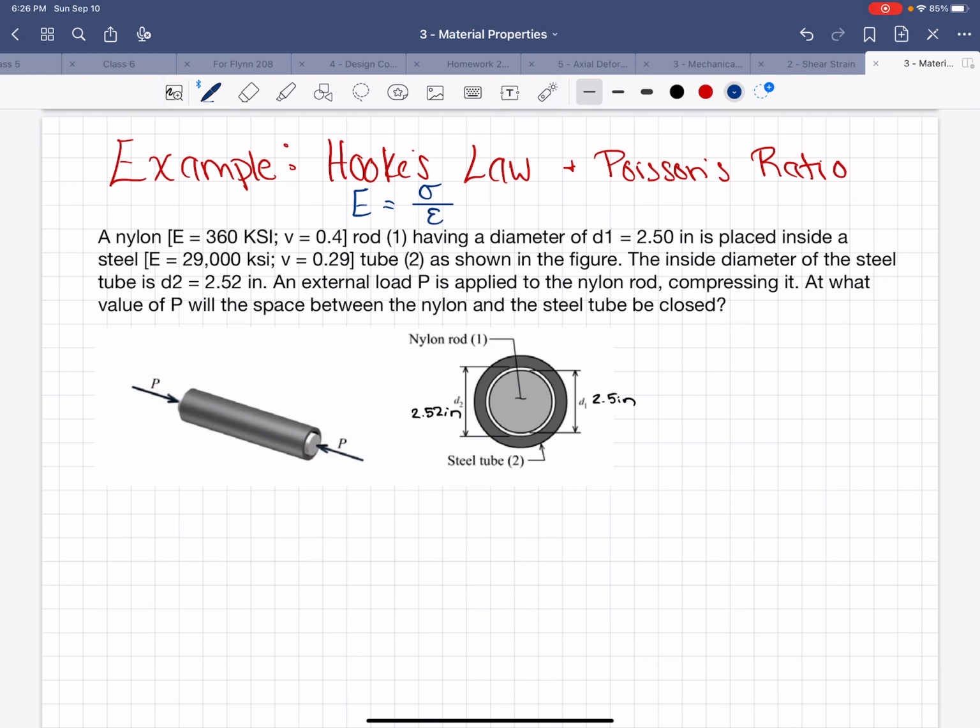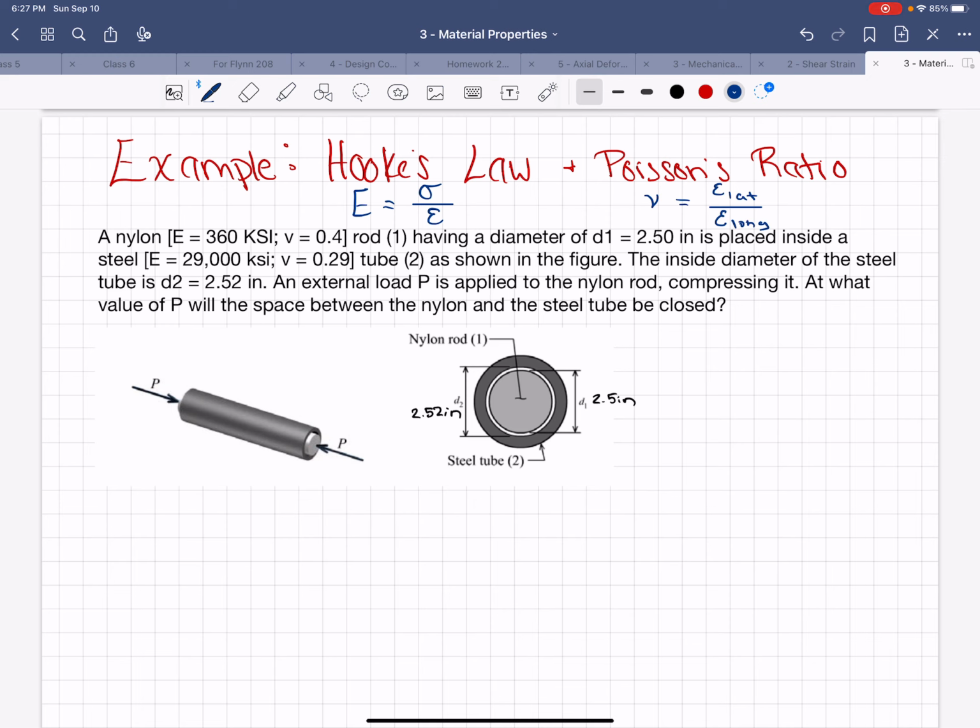And then Poisson's ratio, funny V or nu, equals the strain in the lateral direction divided by the strain in the longitudinal direction. The fact that this problem tells you it's using Hooke's law and Poisson's ratio is kind of cheating, but that's okay. It's good to know what we're doing.